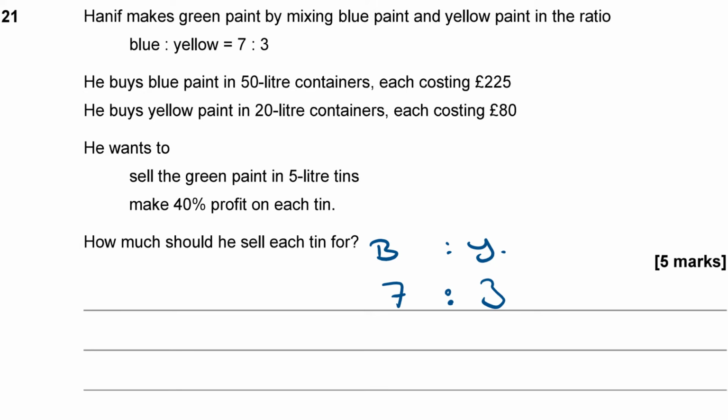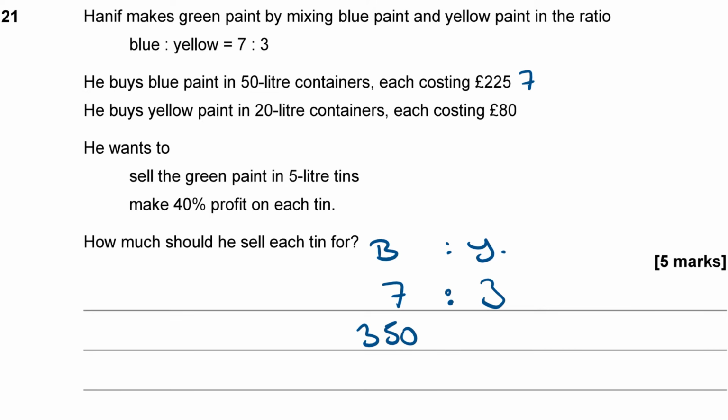So blue paint comes in 50 litres. So I'm trying to think of a multiple of 7 that's also a multiple of 50. So let's just multiply those together to start with. Let's say that I got 7 tins of 50 litre paint in blue. That would give me 7 times 50, that would give me 350 litres of blue paint.